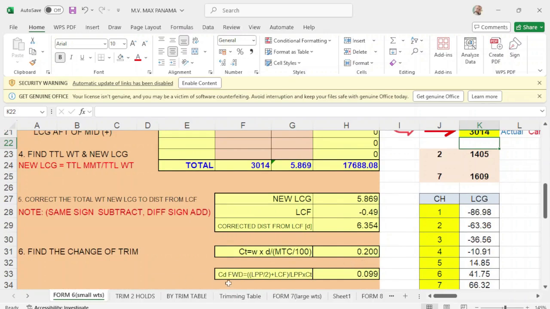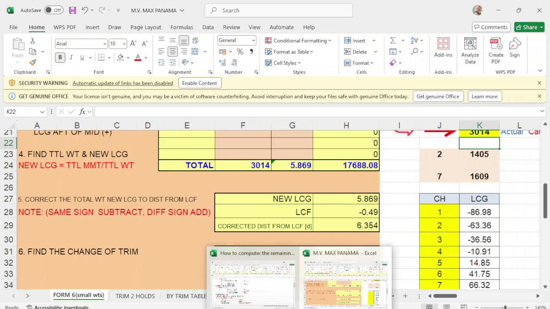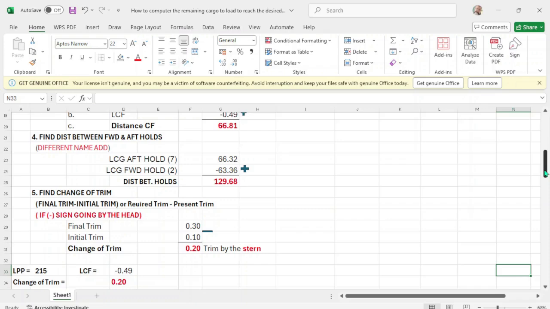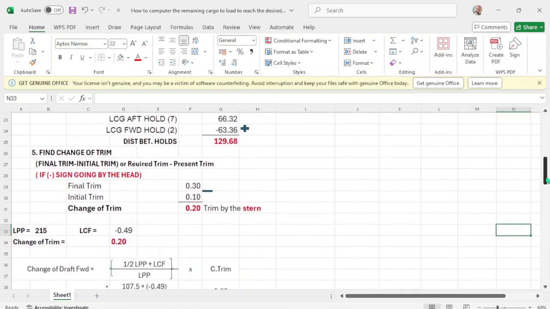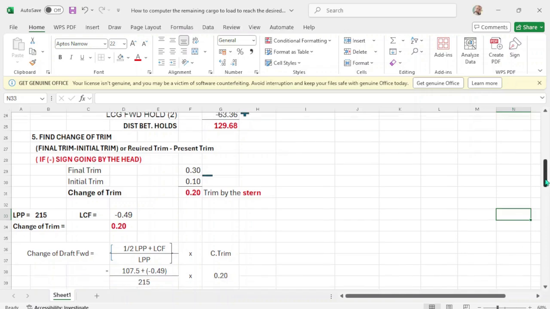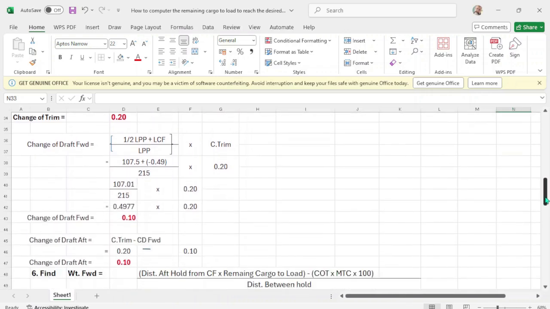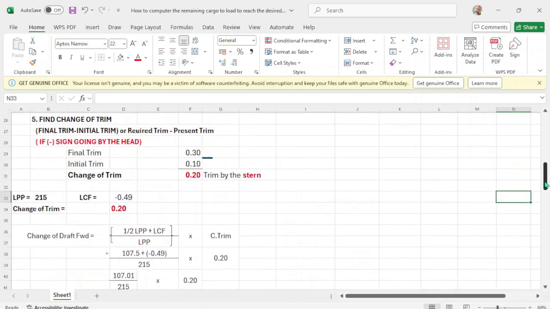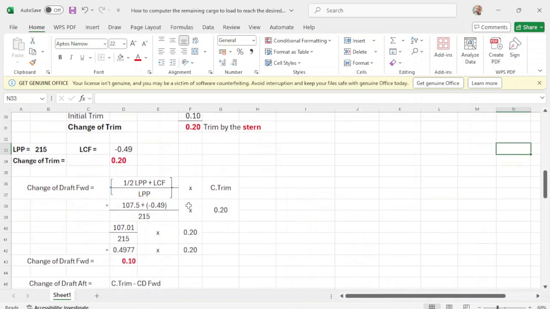Then what will be your change of draft forward? Then you have here 0.009. What I get is change of draft forward. So I got change of trim here, 20 centimeters. Change of trim is 20 centimeters.